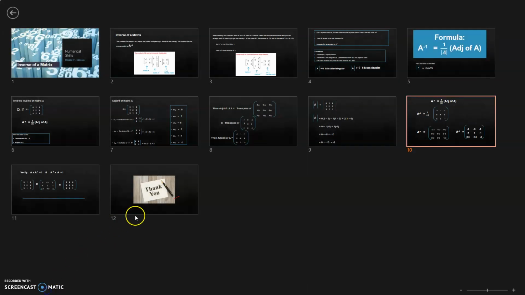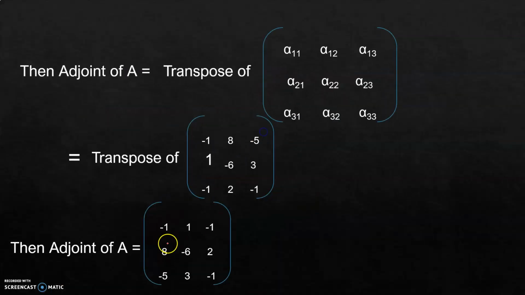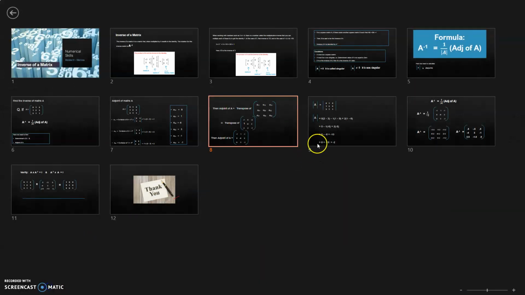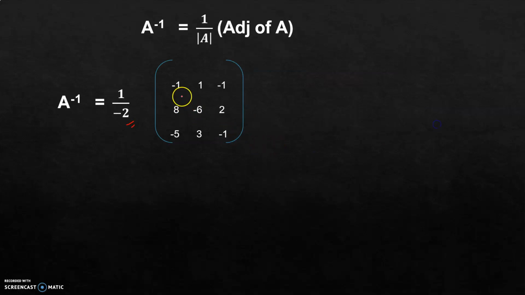It is this one: minus 1, 1, minus 1, 8, minus 6, 2, minus 5, 3, minus 1. So A inverse is equal to 1 by determinant of A, minus 2, into adjoint of A.